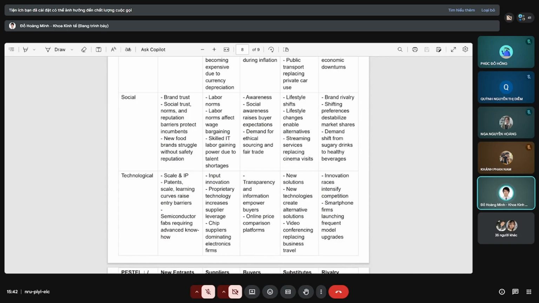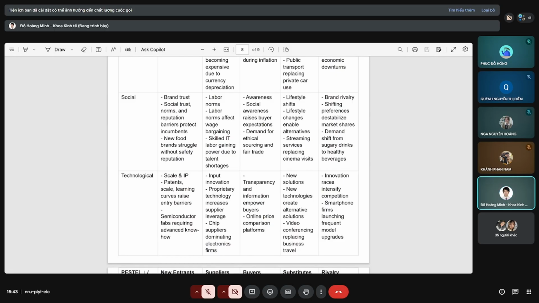So it will increase the threat of substitutes, because it can improve the performance of the substitute, or even reduce the price of the substitute. When that ratio is improved compared to the ratio of the industry product, it can put higher pressure on the industry.